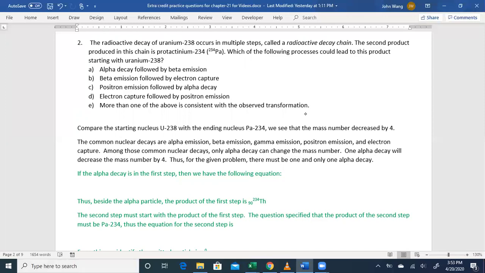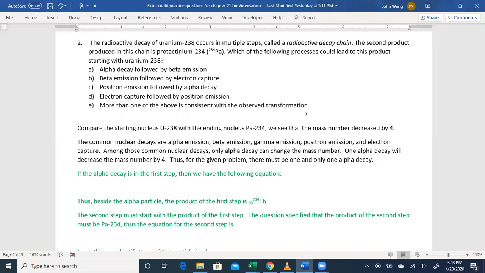So we compare the starting nucleus, uranium-238, with the ending nucleus, Pa-234, and we see that the mass number decreased by 4. The common nuclear decays we studied in this course are alpha emission, beta emission, gamma emission, positron emission, and electron capture.